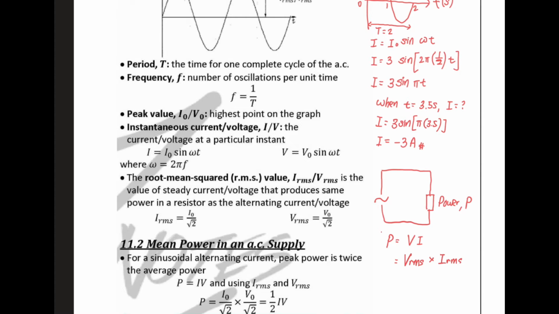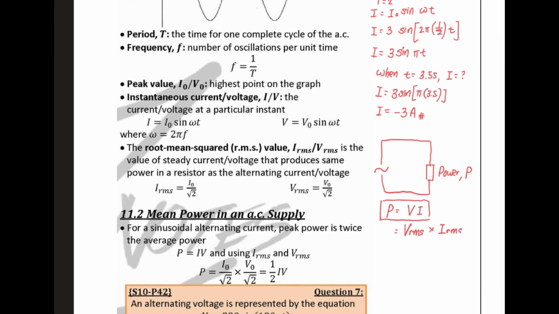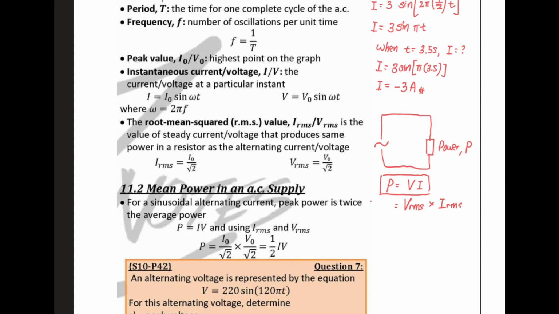Then the power that you get is called the mean power. Sorry, average power.